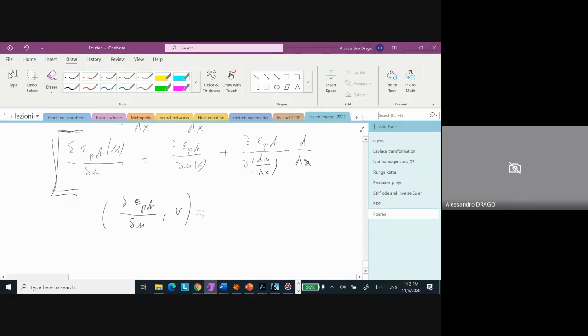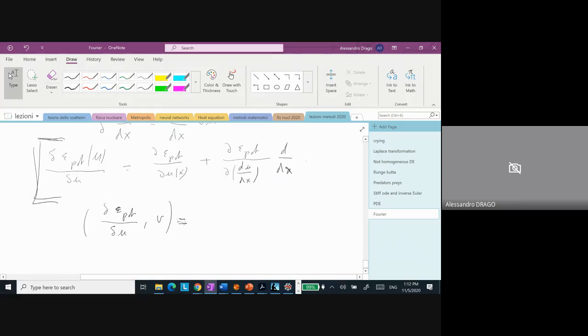This scalar product, you recall, is defined as an integral, and therefore this integral is the integral between 0 and L dx of these two terms: the derivative of epsilon with respect to u plus the derivative of epsilon with respect to the u over the x, multiplied by v and integrated over all the x.